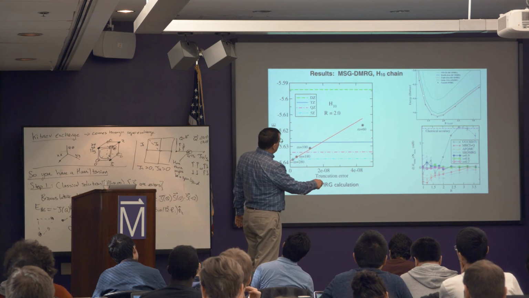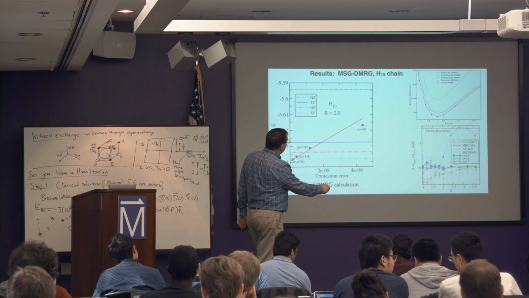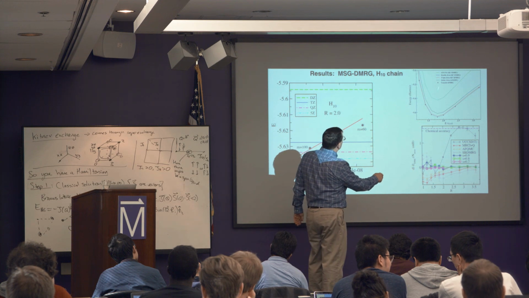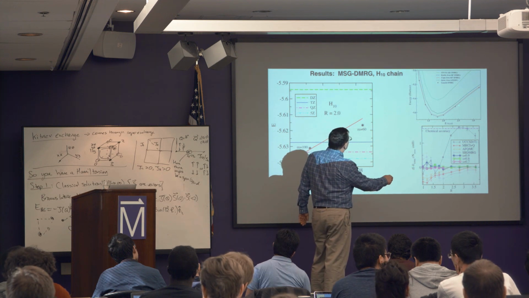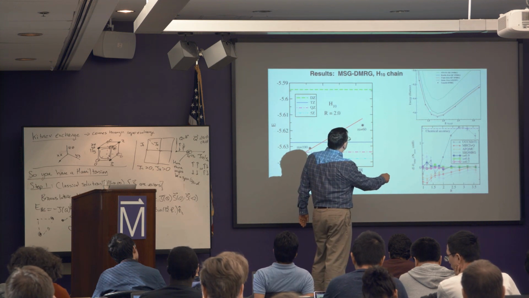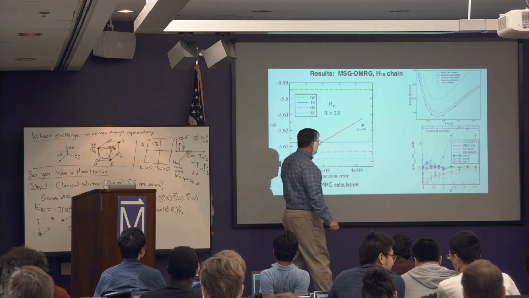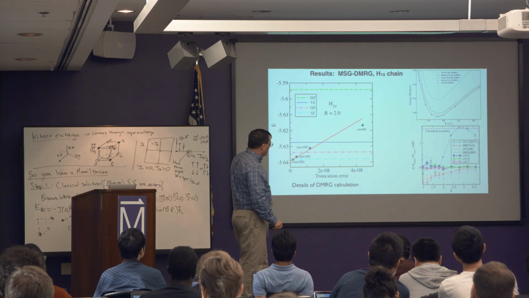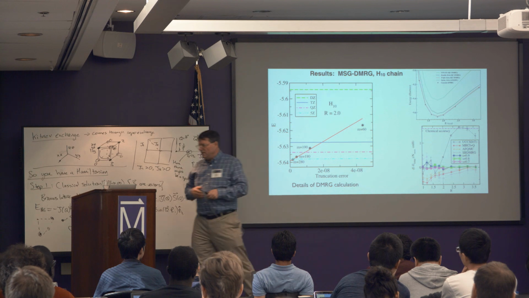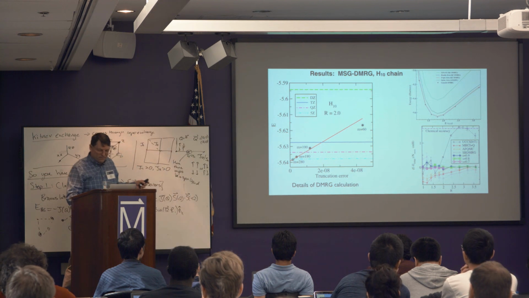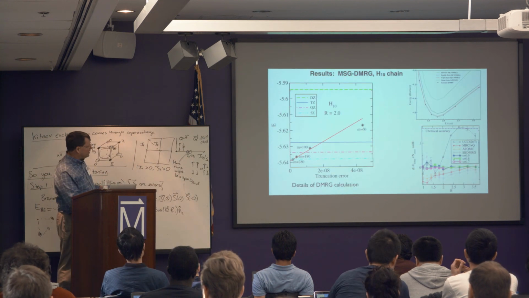Okay? A few more comparisons showing how accurate we are. The quintuple zeta and the Gauss-let DMRG are on top of each other in this curve versus the spacing. Okay, and let me switch to a more recent version of this last fig. Oops, no, that's it. That's the more recent version.